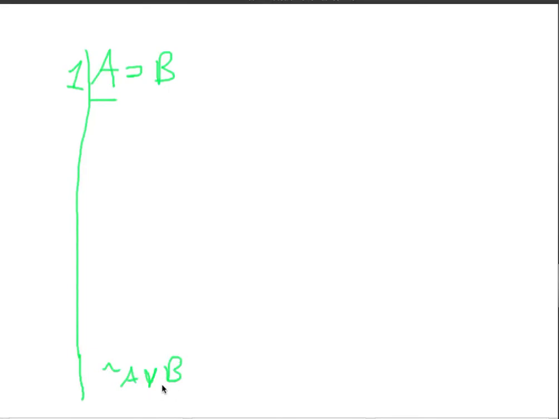So we're going to have to do some kind of subderivation. And the way we're going to do that is to do a negation elimination. So we're going to take the negation of this whole sentence. So we're going to go not, A or B.